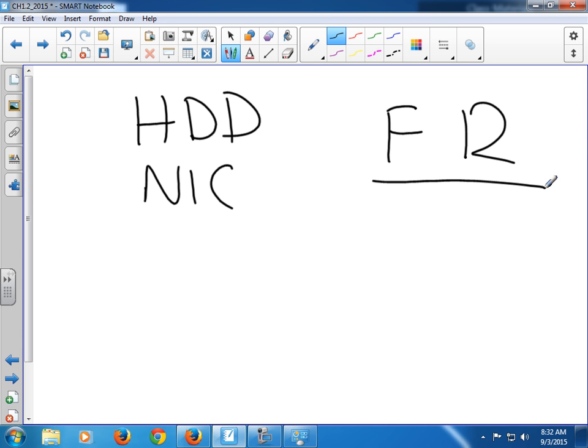If I sit here touching the F12 key while it's starting, it brings up a boot menu. And all this is saying is, normally I start one order, but how do you want me to start this time? And I can say, I just want you to go straight to the network boot, because that's where I'm going to boot from.